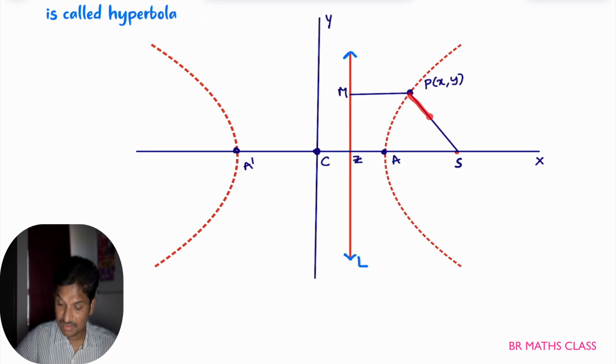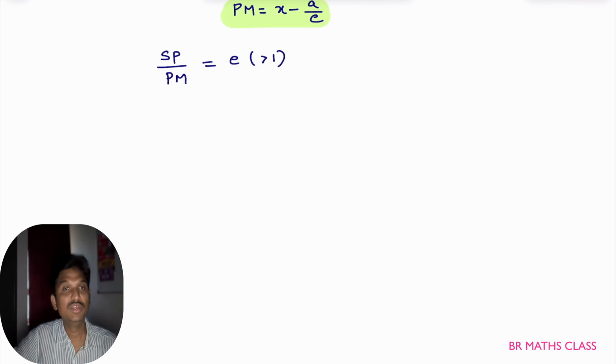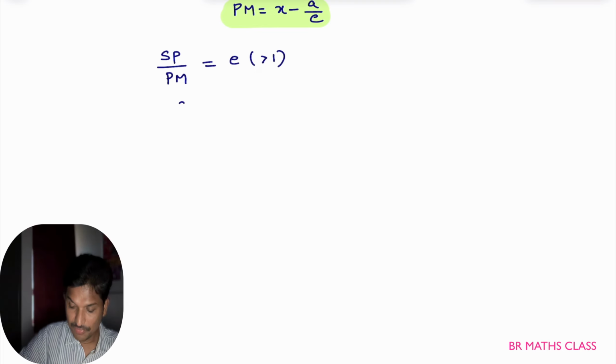You observe SP by PM is e. In this hyperbola, this e value is greater than 1. So SP by PM is e, e is greater than 1. If I simplify this, what will I get? SP is e times PM.